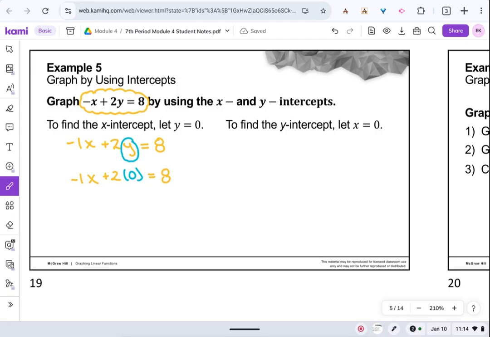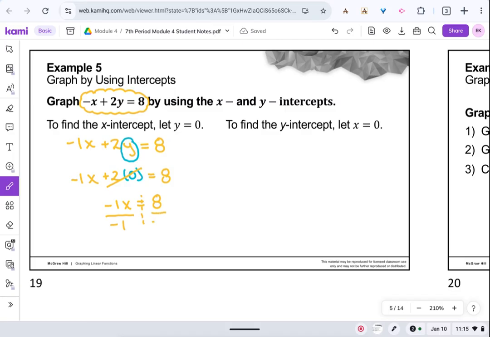Now something nice happens here. In the middle, I've got 2 times 0. Any number times 0 is 0, so these cancel off, and all I'm left with is -1x equaling the number outside, which is 8. Now I just have an easy problem to solve for x. Anytime there's a number in front of a variable, we divide by that number.